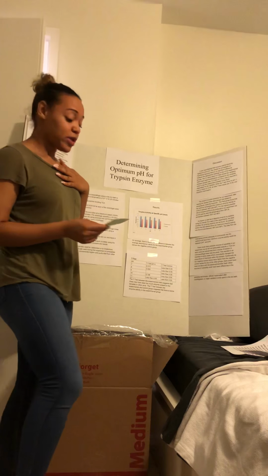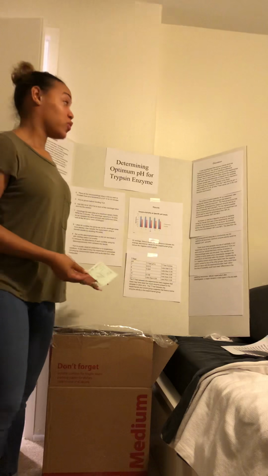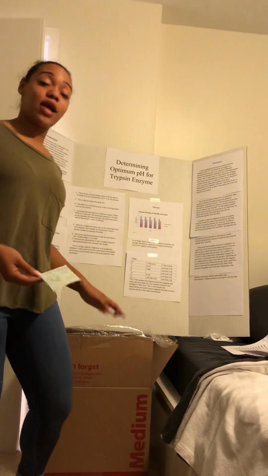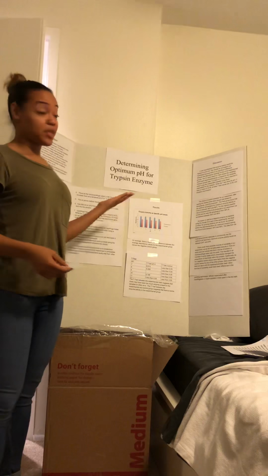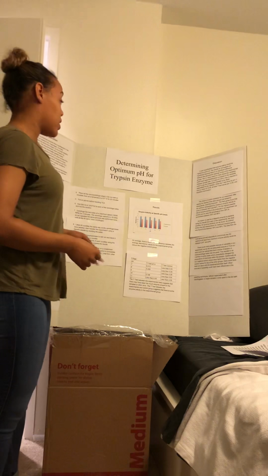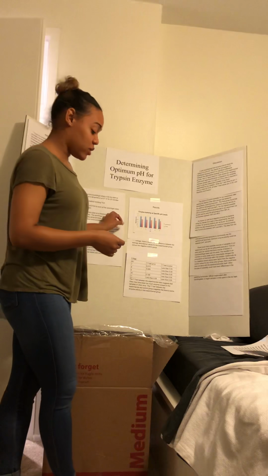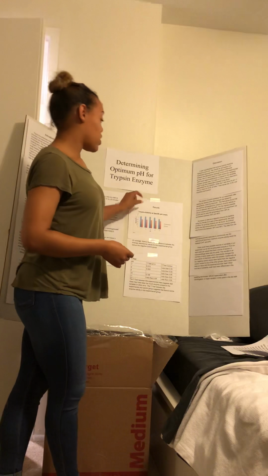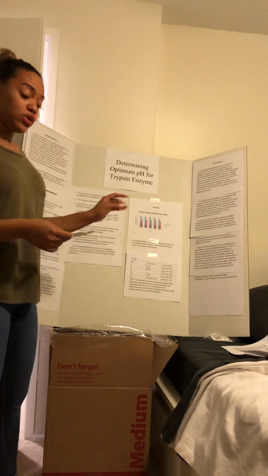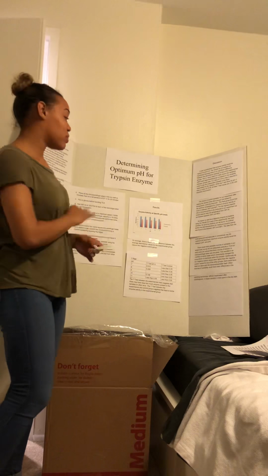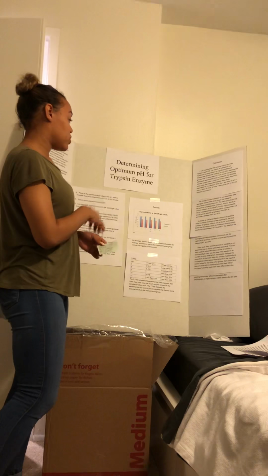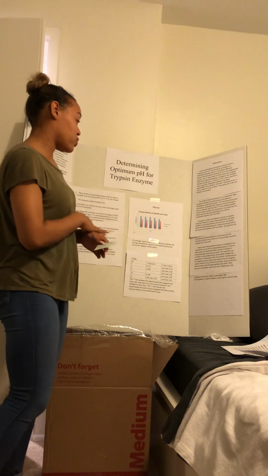So in a way, you can see that pH 9 did have better values, which correlates to pH 9 being the better pH level for the trypsin enzyme. Also, the standard deviation between each of our experimental values was about 5%, so there wasn't much deviation between the values.